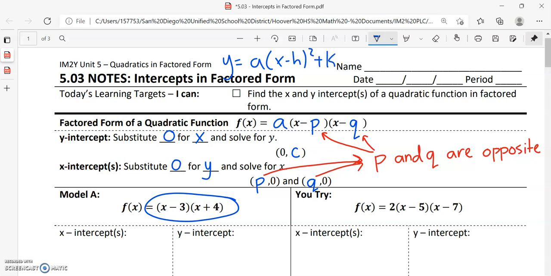Vertex form is valuable because we can identify our vertex right away from the h and the k. Factored form allows us to find our intercepts, and specifically our x-intercepts, very quickly. It's a sloppy way of writing intercepts.